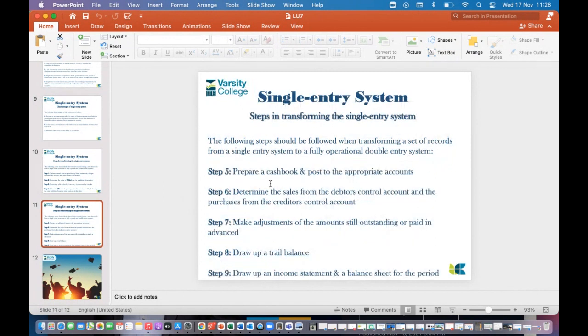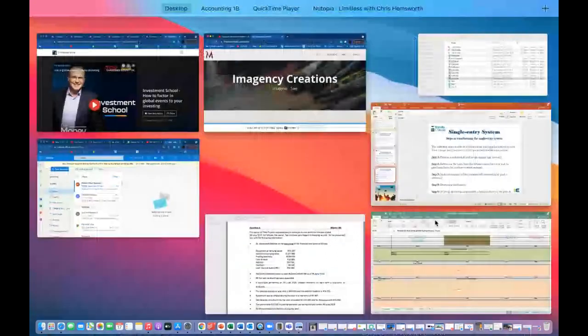Then you want to prepare the cash book and post to the appropriate accounts. Then determine the sales from the debtors' control and the purchases from the creditors' control. Make adjustments of the amounts still outstanding, for the period in advance, and then draw up a trial balance, and then draw up an income statement and a balance sheet for the period. Those are the steps.